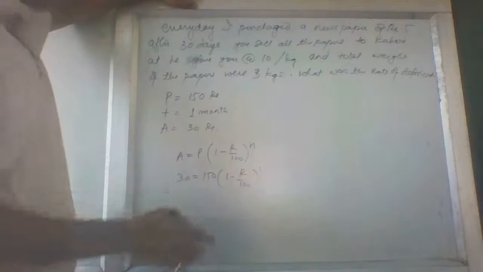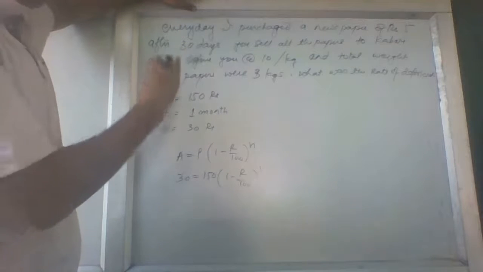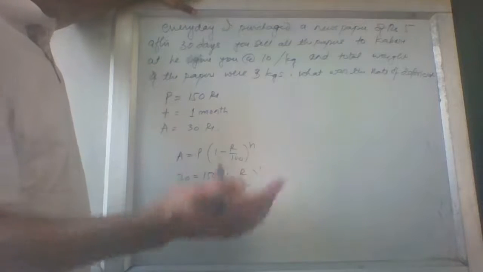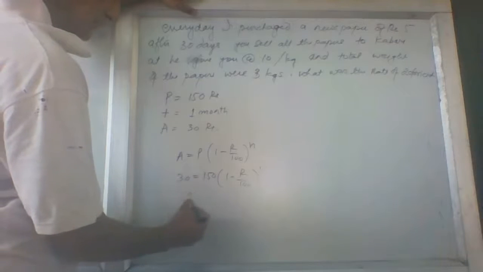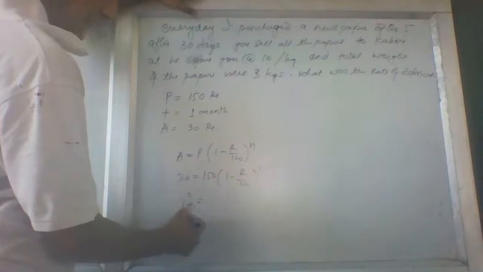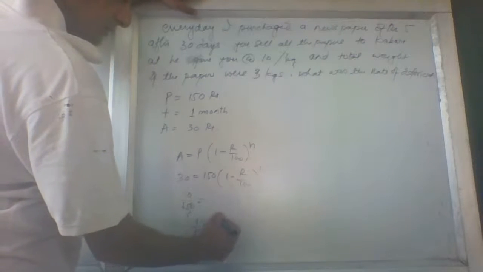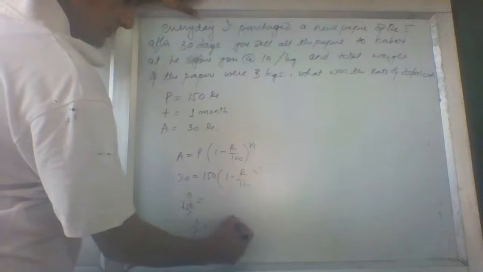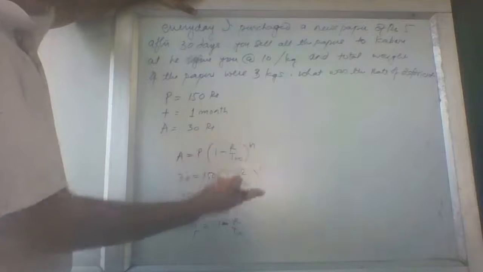Don't ask me to write 1 by 12, because I am considering 1 month as 1 year. Now what will happen? 30 by 150, always you will do this, 3 5 ja. It means 1 by 5 is equal to 1 minus r upon 100, to the power 1, which doesn't matter.